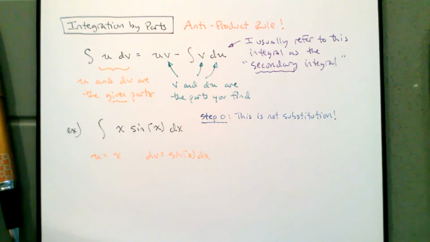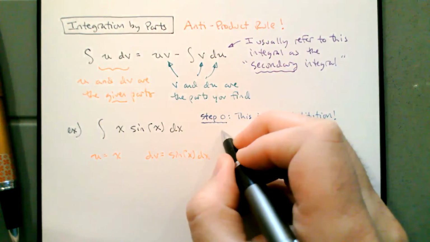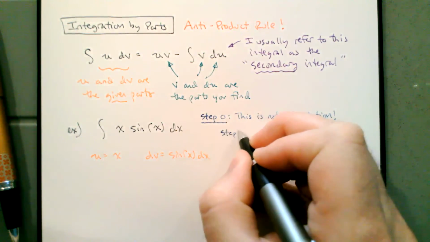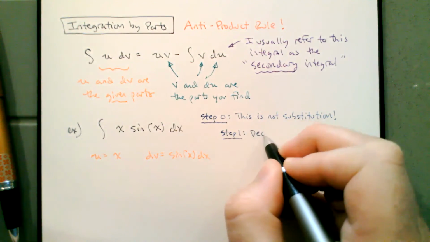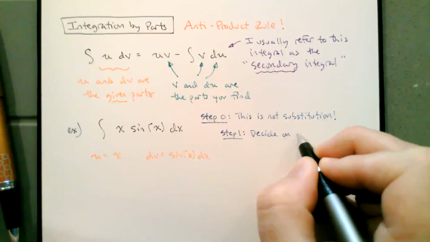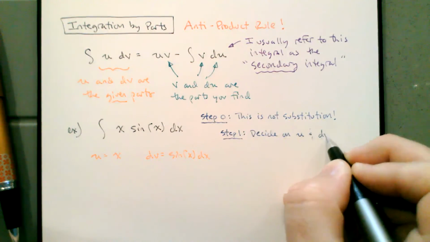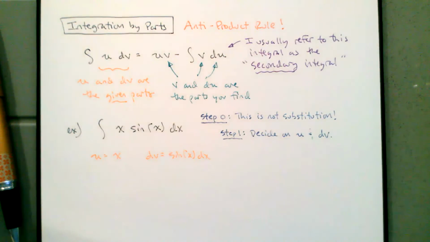But we start off by deciding which is u and which is dv. This raises a question. How are we supposed to know which one is which? And the answer is do a few more problems and you will just know. So step 1. Break up your given parts into a u and a dv.